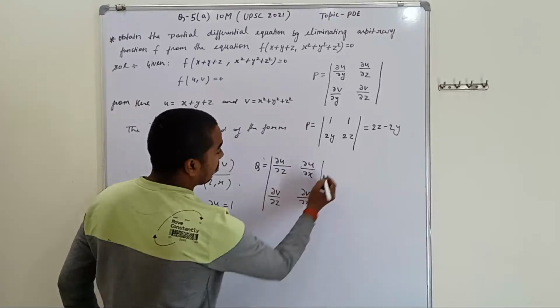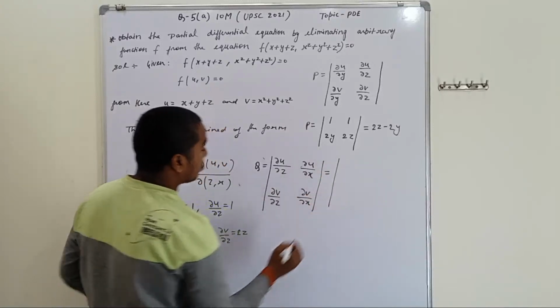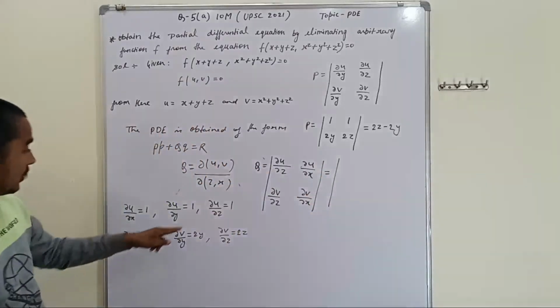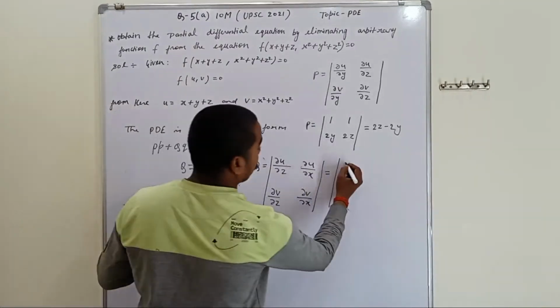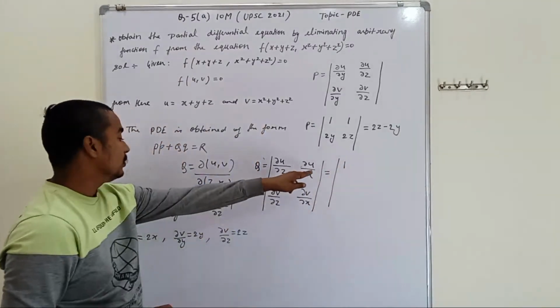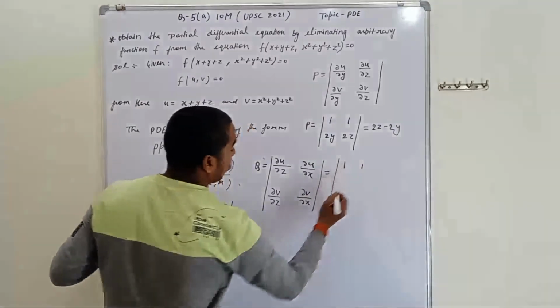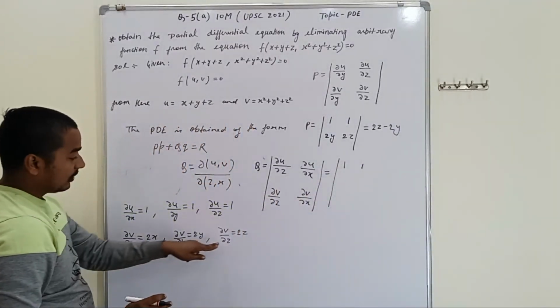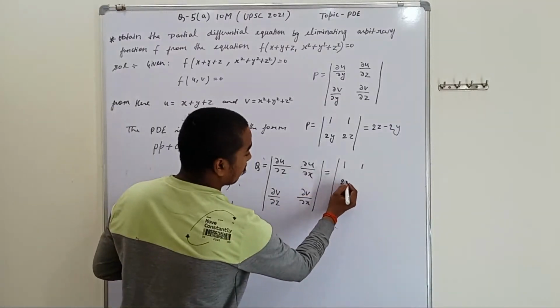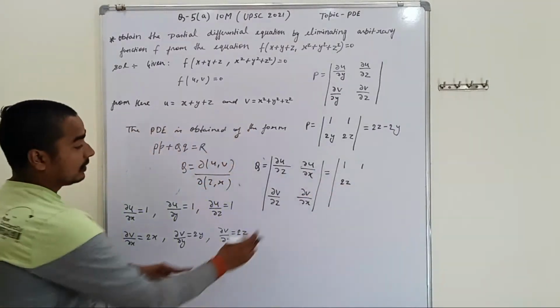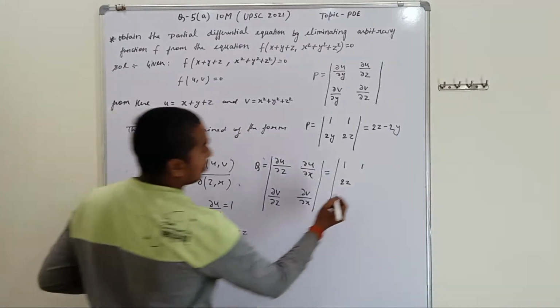Putting the values, del u upon del z is 1 and del u upon del x is also 1 and del v upon del z is 2z and del v upon del x is 2x.